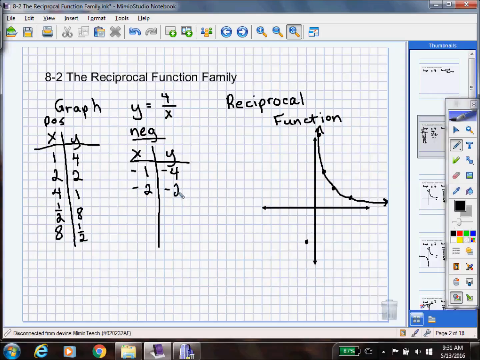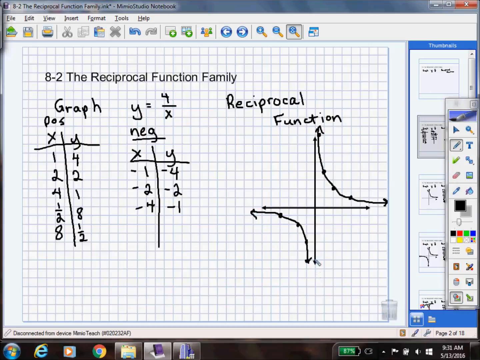Notice that the numbers are just the same as the numbers on the positive side. It's just that now they're the negative ones. Same thing with the little half numbers. -1/2 would give us -8. -8 would give us -1/2.